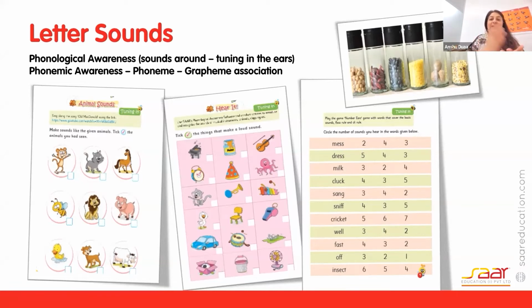And then we do deal with the phonemic awareness, that is doing the phoneme grapheme association. So please do not leave those important activities which are given in the initial days for the settling. Just as you do pincer development for writing, you do a lot of pincer activities. Paper tearing, pasting, clay usage.